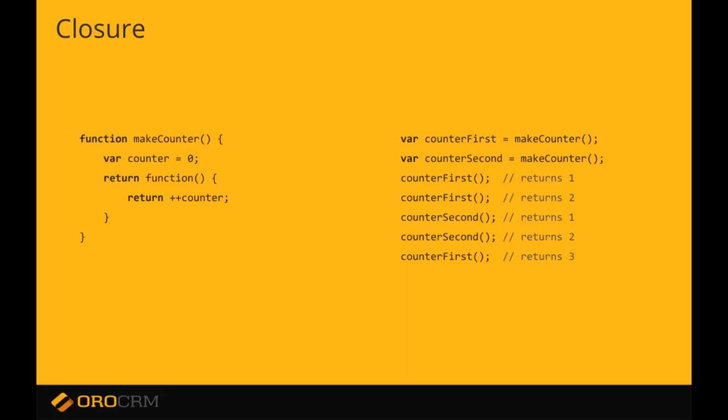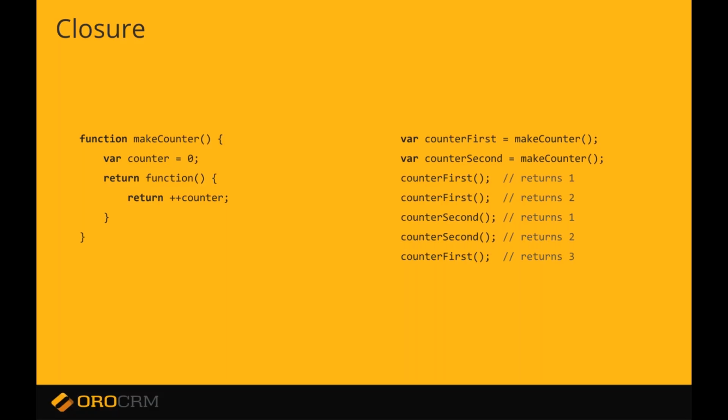A new function will enclose the parent scope automatically. So on the left side of the screen, you can see that we create a utility function makeCounter that will return a new function, a new counter that includes some variable that at the beginning was equal to 0. But once this function is invoked, the counter each time will be increased.